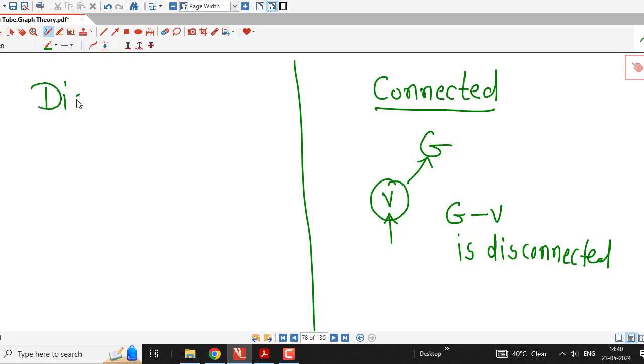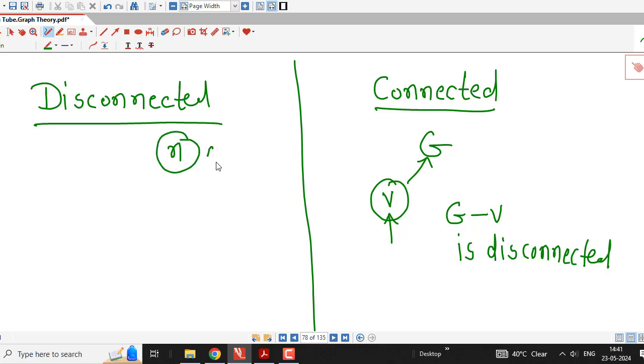Now suppose our graph itself is disconnected, then it will have two or more connected components. Suppose we have a disconnected graph with n connected components.